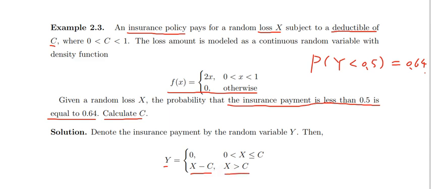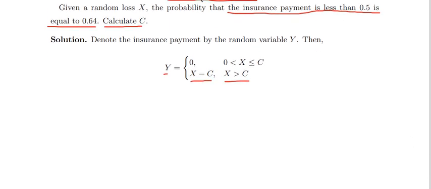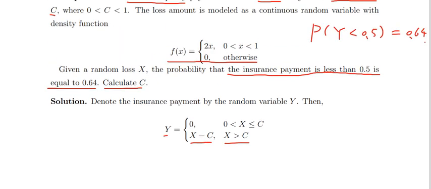When x is larger than c, y is x minus c; when x is less than c, it is 0. Okay, so now we want to find the probability. How can we calculate the probability? Y, the payment, less than 0.5. Here we have 2 cases.